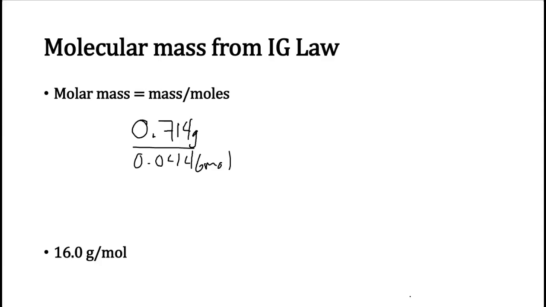So if you were asked to identify this, possible formulas could include, let's see, if it's 16, I'd probably say that's CH4. Especially since it's coming from a swamp that someone's probably sitting in. So it's probably methane.